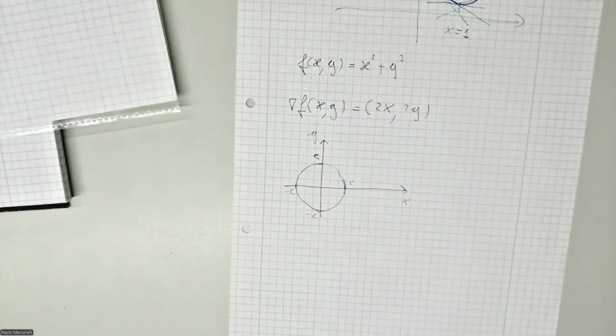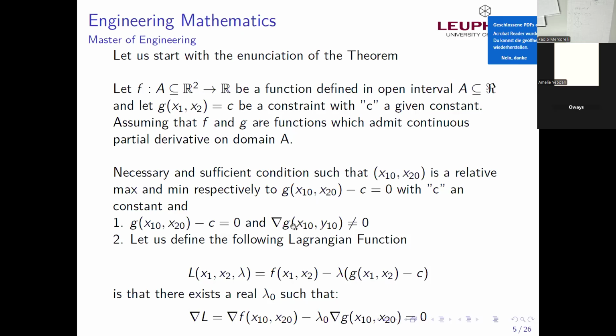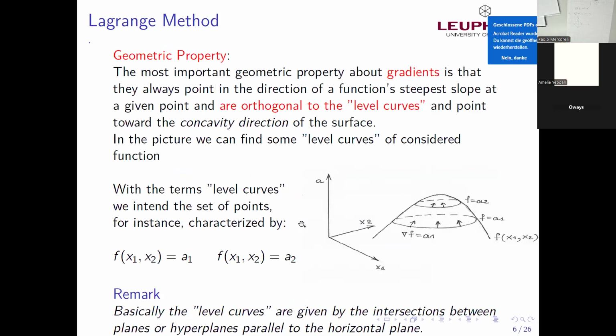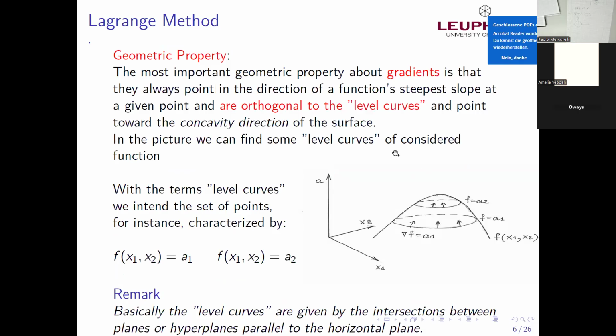Let me show you in the lecture. Here, x and y. Here the axis z doesn't matter. The notation here is a little bit different: the level is a.